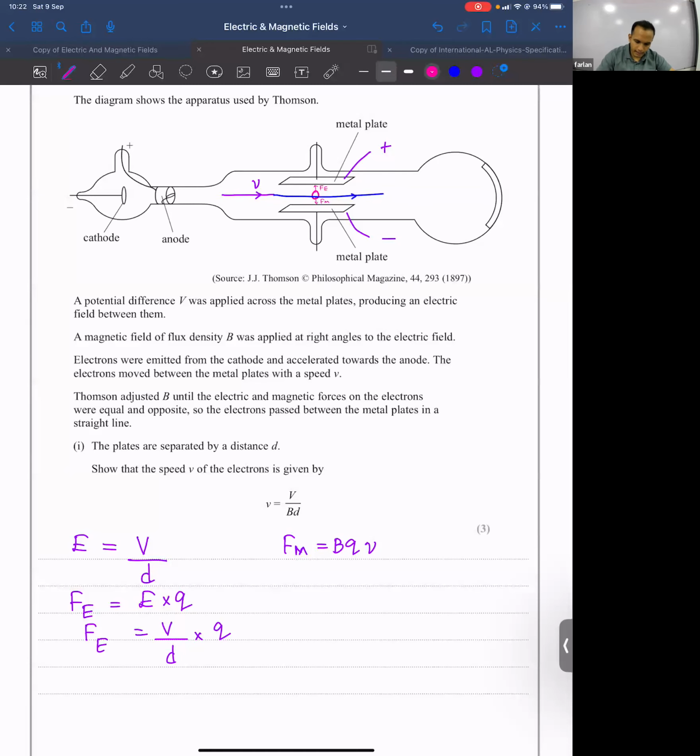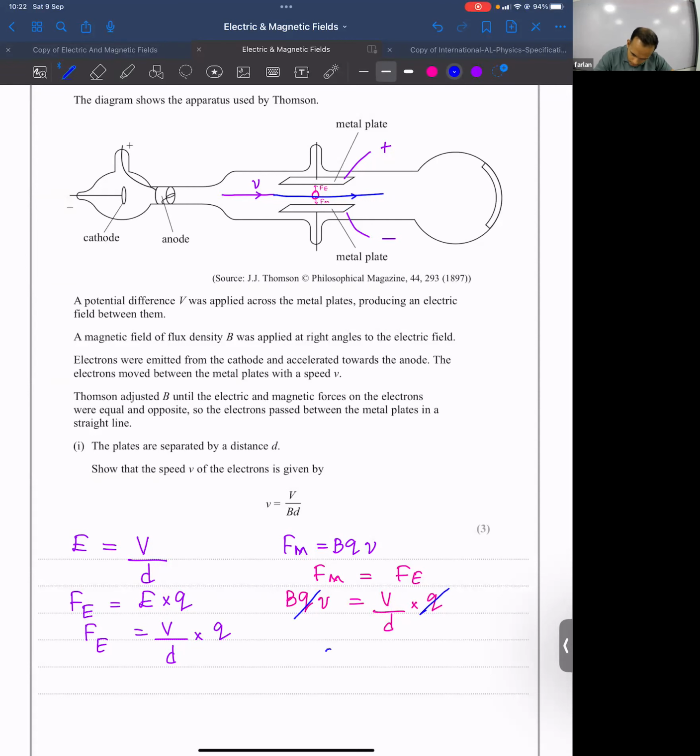So the idea is these two forces are equal. So Fm equals Fe. Fm is BQ simple V. Fe is V over D into Q. So now on either side, I can cancel the Q's. The Q here will cancel off with the Q here.